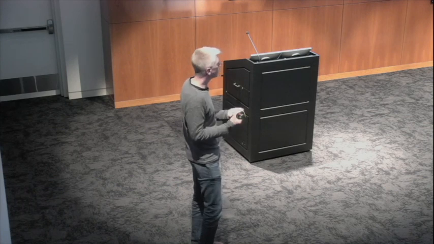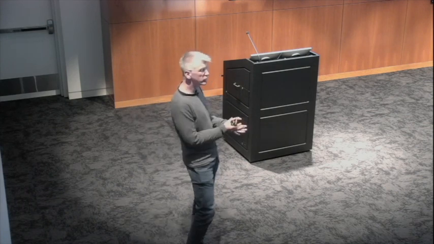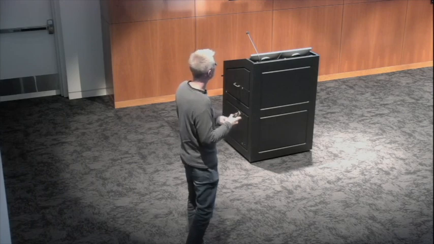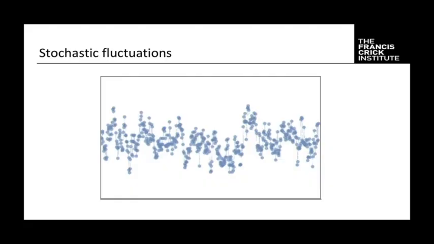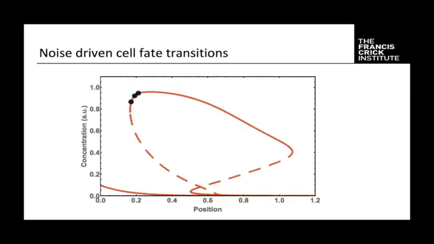But of course, in reality, the small molecule numbers associated with gene expression processes result in random fluctuations around the steady state. So you see, over time, fluctuations in gene expression. And when you think about the effect of those fluctuations in the context of bifurcations, this has interesting consequences.